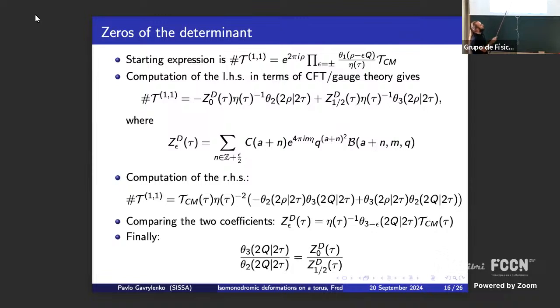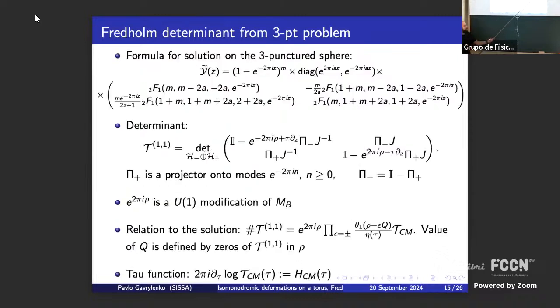It is a product of theta 2 of rho multiplied by this series with epsilon equals 0, plus theta 3 of rho multiplied by a series with shifted arguments. And then we can look at the right-hand side and write this product of theta functions in a basis of functions of rho.